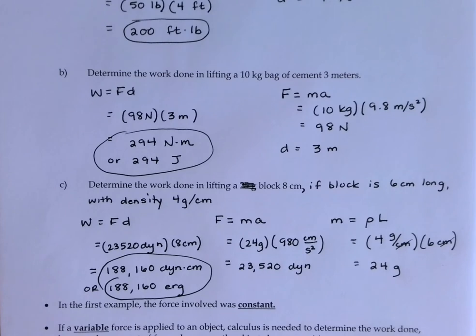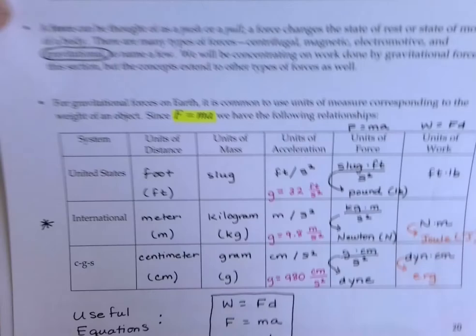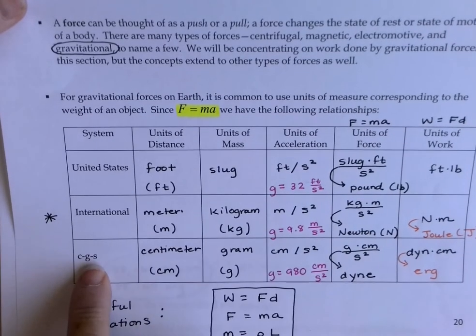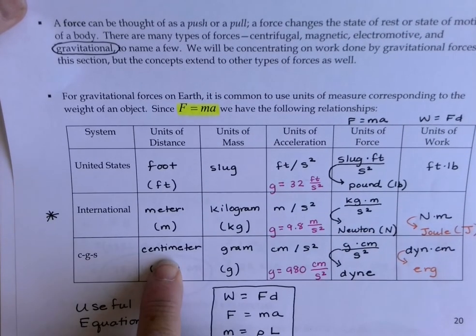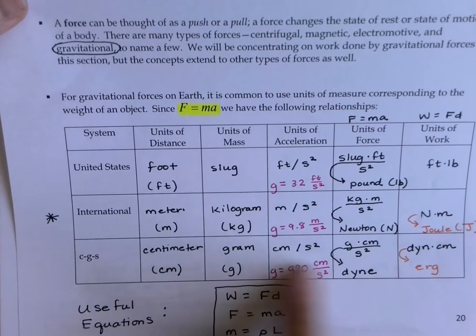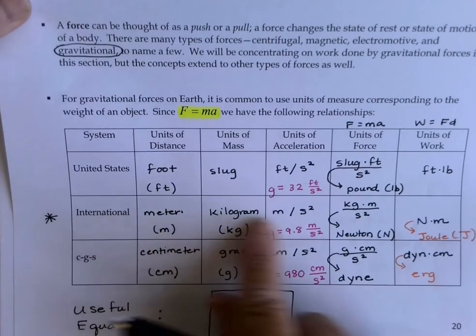By the way, I didn't happen to throw one in here, but you do want to be really careful to make sure that your units are consistent. Notice that as soon as I knew I was in dynes, I had to be in this unit system. Therefore, my units of distance had to be centimeters in order to be consistent. You want to make sure all your units are consistent.